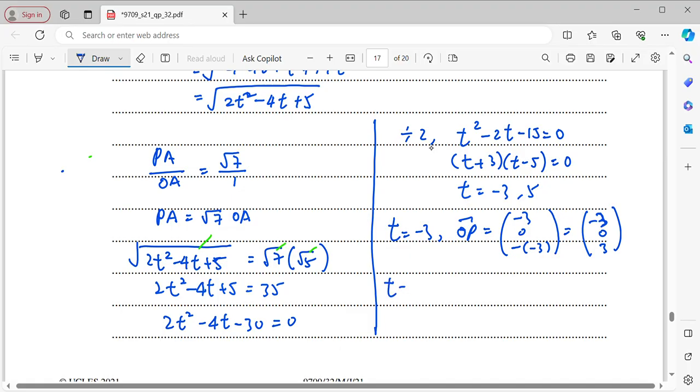But when t equals 5, my OP is (5, 0, -5). These are the two position vectors of the points P. With this, we have solved the question.